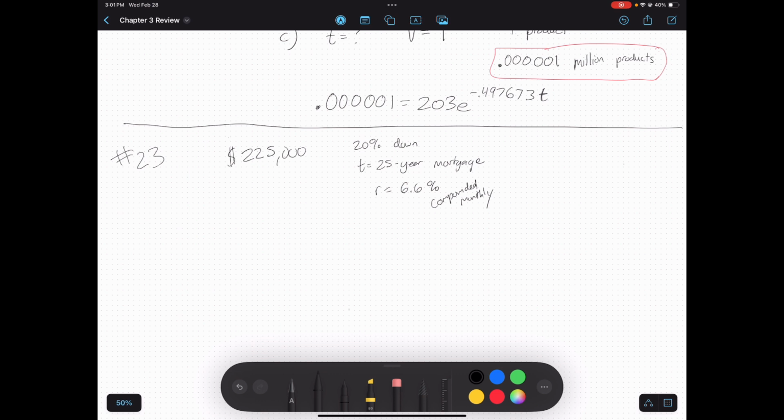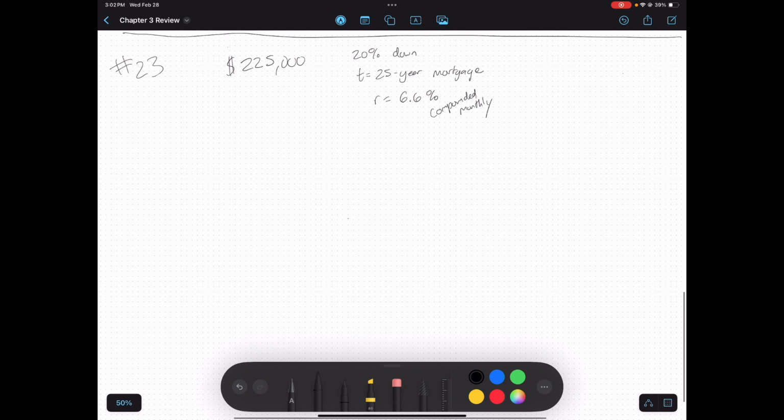Okay, now the first part of this problem is similar to the first part in numbers 21 and 22, where all it's having you do is just select what formula we're going to be using. And in all of those, you're just selecting the amortization formula that I showed you in the 3.6 video. But what this problem does is it changes it up a little bit. Instead of using R and N, it uses I and C. Don't be thrown off by this.